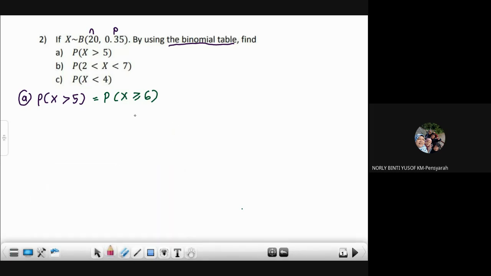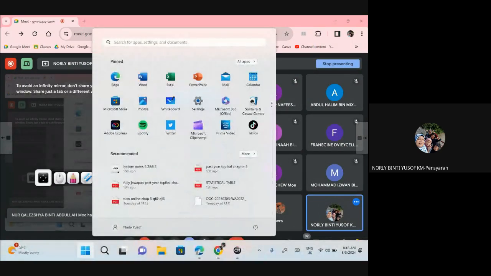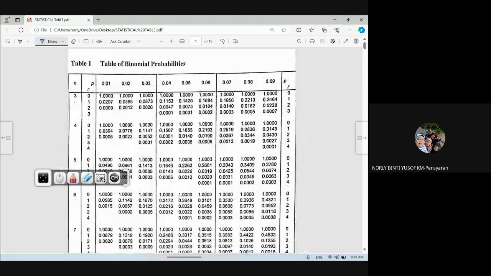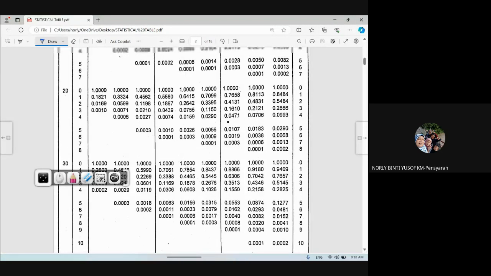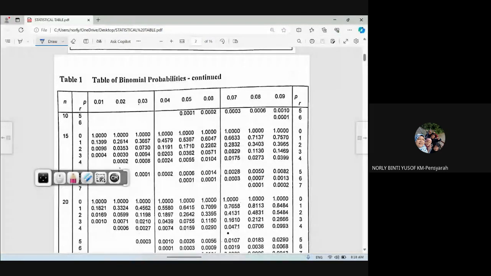Okay, so kalau kita nak baca table for N20, P 0.35. So N20, P 0.35.